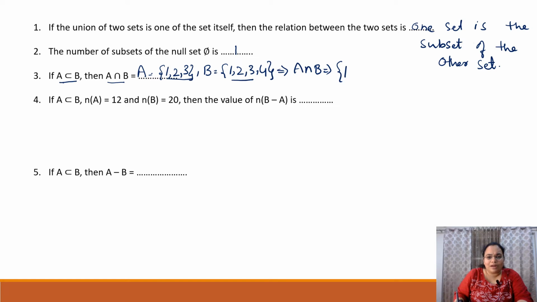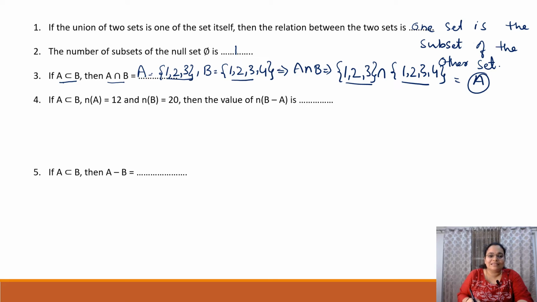That is 1, 2, 3 intersection. What is B? 1, 2, 3 and 4. So what are the common elements in both? 1, 2, 3. What is 1, 2, 3? That is your A. A is your answer.